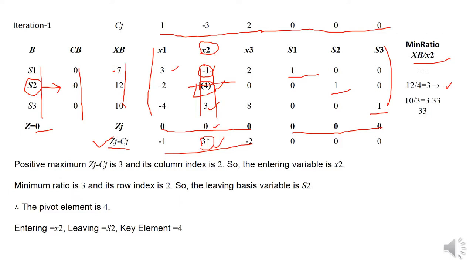In the next slide I have shown the S1 row, S2 row and S3 row, denoted R1, R2, R3, and the calculation has been shown: first we divide the S2 row by 4, then with the help of this row we make the element under X2 0 in the S1 row, the same for S3, and in Zj minus Cj the element under X2 is 0.